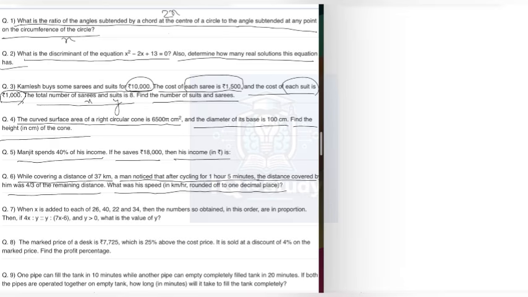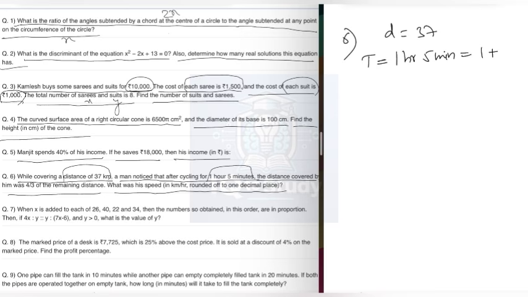Given distance is 37 kilometers and time is 1 hour 5 minutes. We can write 1 hour 5 minutes as 1 plus 5 by 60, which is equal to 13 by 12 hours.